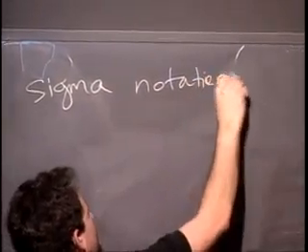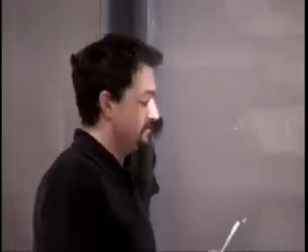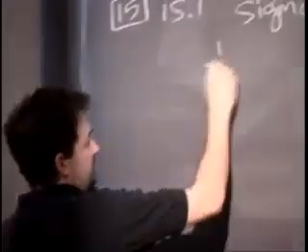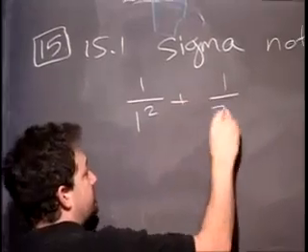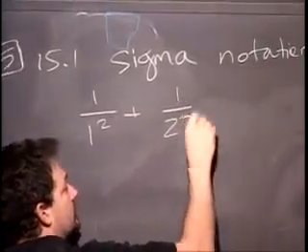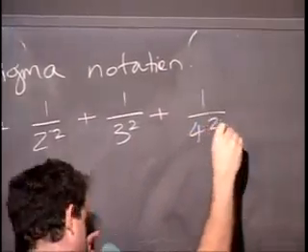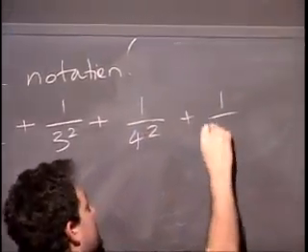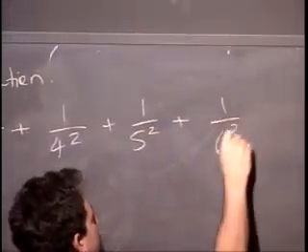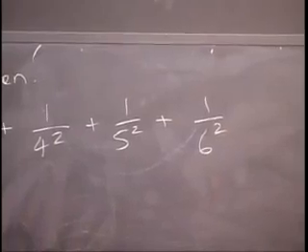And this is a good way to write sums, or at least sums which have patterns to them. So for example, if I have this: 1 over 1 squared plus 1 over 2 squared, 1 over 3 squared, 1 over 4 squared, 1 over 5 squared, 1 over 6 squared. Okay, there's a clear pattern to this series.